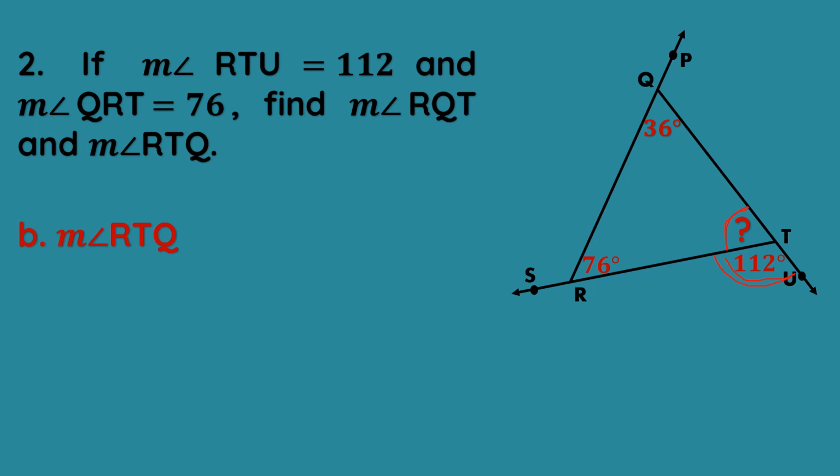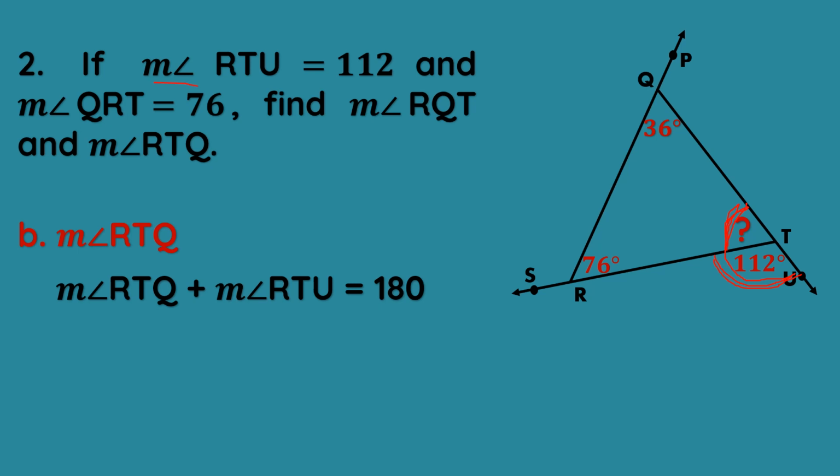Since the sum of the measures of supplementary angles is 180, we can come up with the formula: the measure of angle RTQ, the interior angle, plus the measure of angle RTU, the adjacent exterior angle, is 180 since they are supplementary.